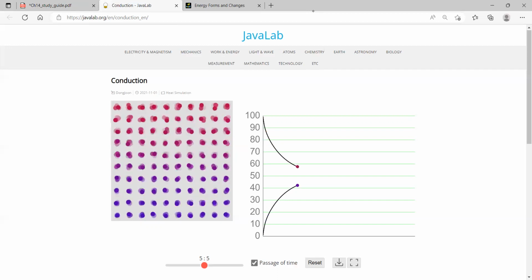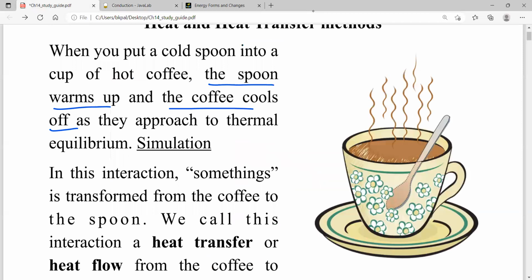And that is the thermal equilibrium. You see they are almost the same. So this is the thermal equilibrium. The same thing happened when we put the spoon in the hot coffee.